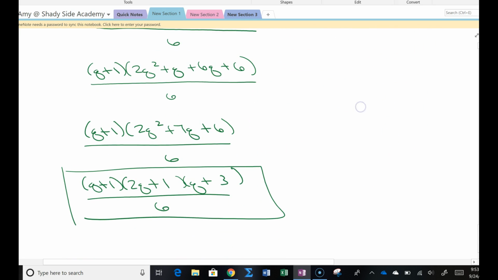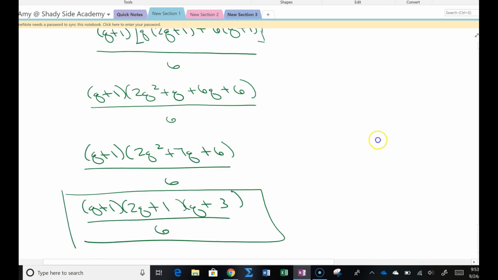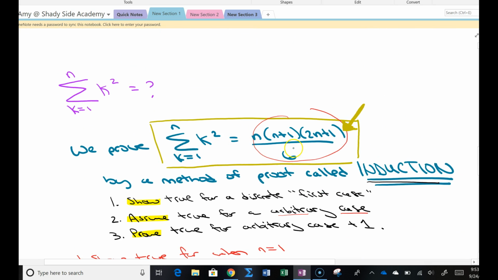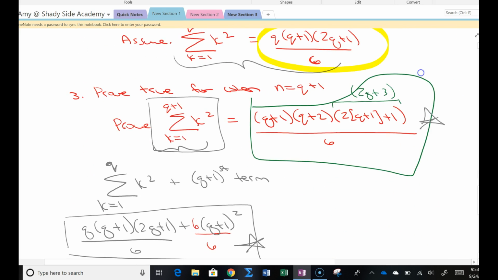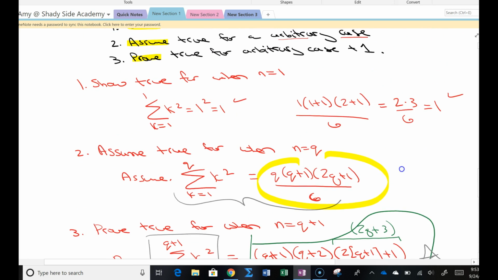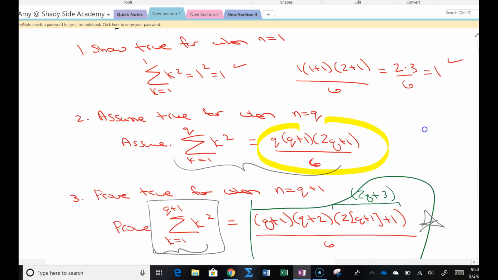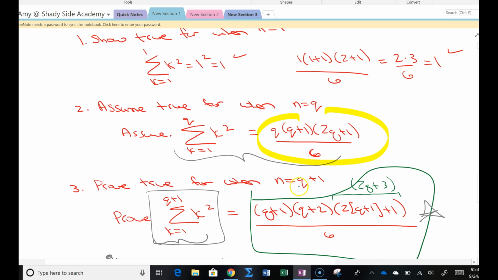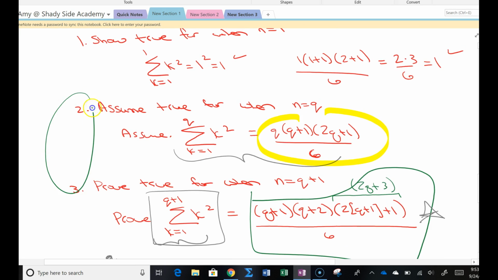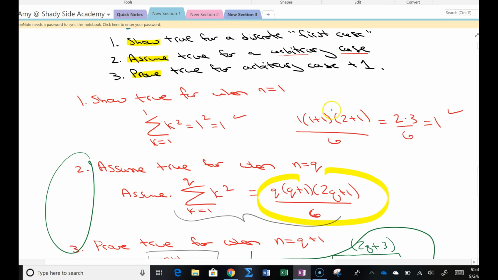So now I have proved that for all values of n, the summation from k equals 1 to n of k squared equals that. That is proof by induction, which is a really interesting method of proof, because what you're doing is, if something is true for n equals 1, and you've just proved that it's true for the q plus first term, then steps 2 and 3 prove that it's true for n equals 2.